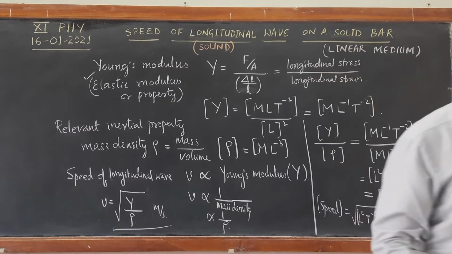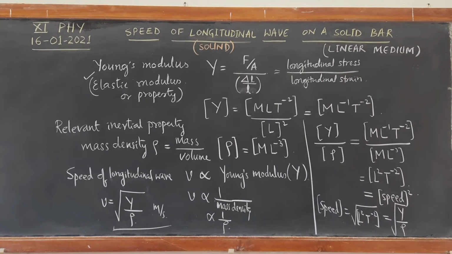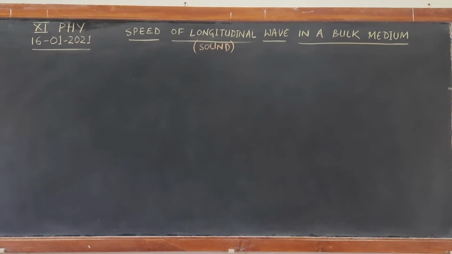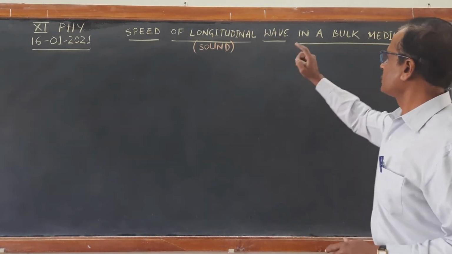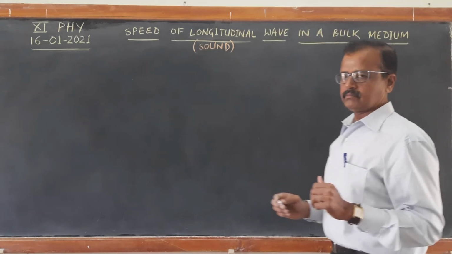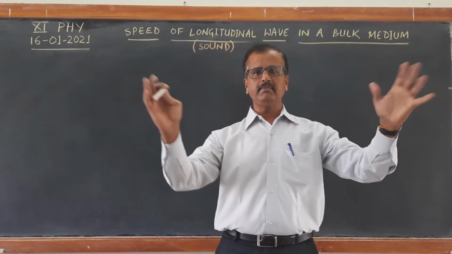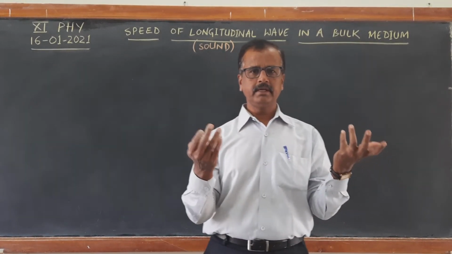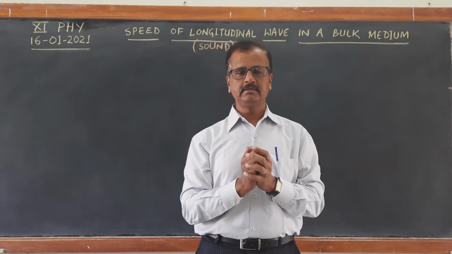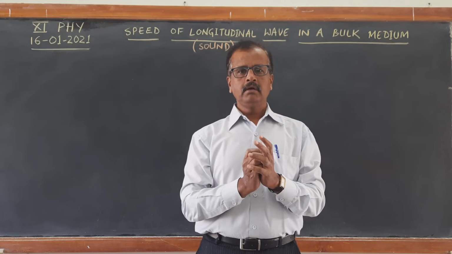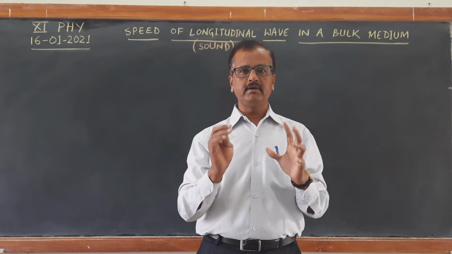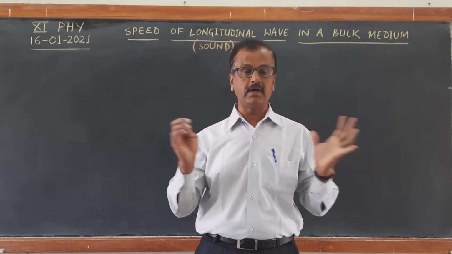Okay. Now let us study how to find the speed of sound wave in a bulk medium. Bulk medium may be a solid medium or a fluid medium, like a liquid or even gases. So if it is a bulk medium, how to find out the speed of a longitudinal wave like sound?